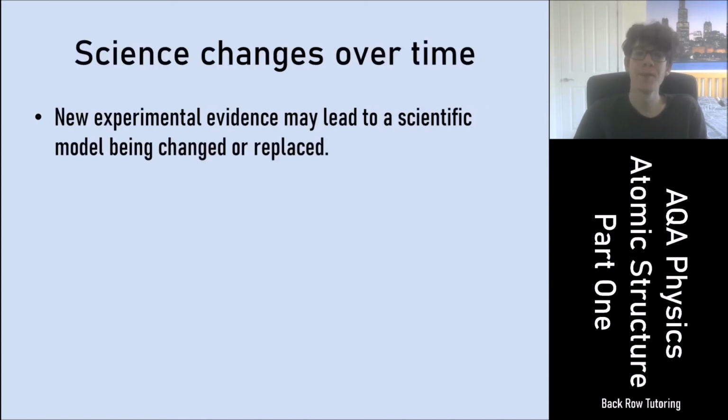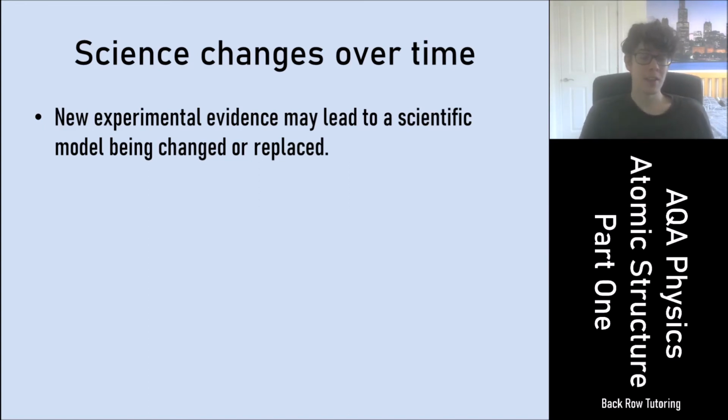And moving on. One of the things that you need to know for your exam, which stems away from physics really and goes towards the scientific method, is that science changes over time. Over time, new discoveries are made and new tests are carried out and new hypotheses are made and results are found from those experiments.